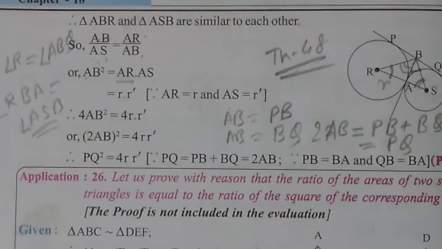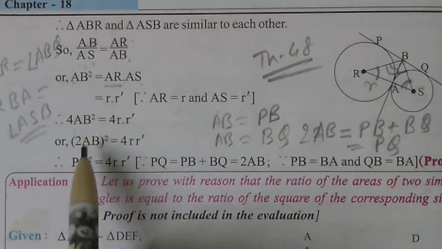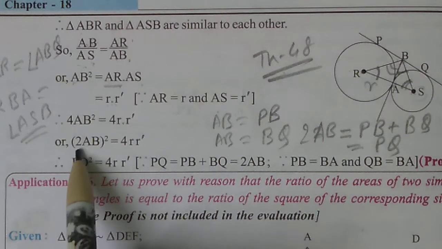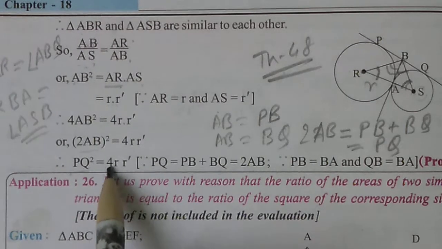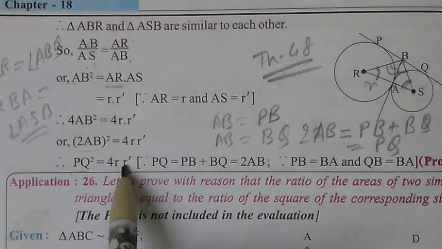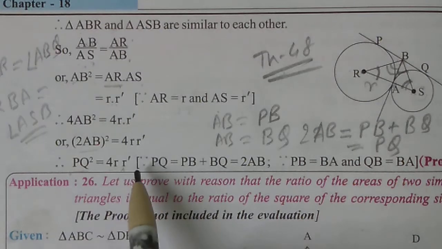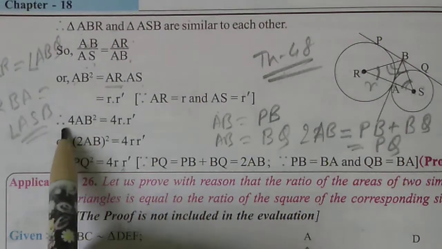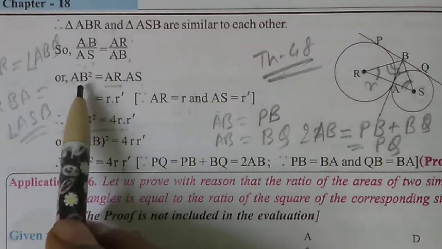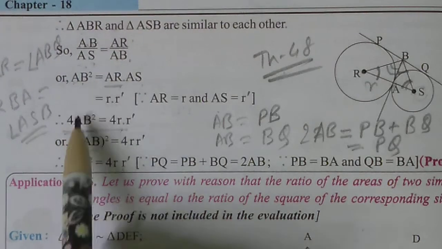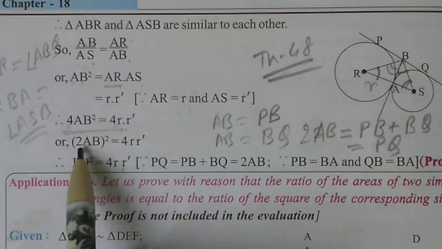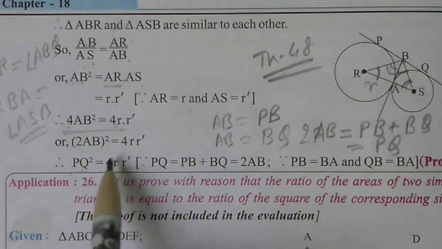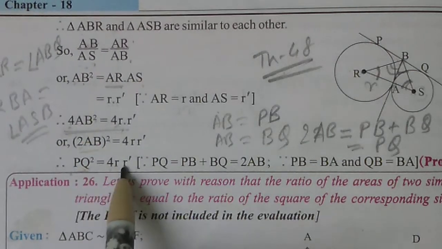So we can write 2AB equals PQ. Here we multiply 4 on each side. So 4AB square equals 2AB whole square, and 2AB equals PQ, that is PQ square equals 4 r r dash. And this is our proof.